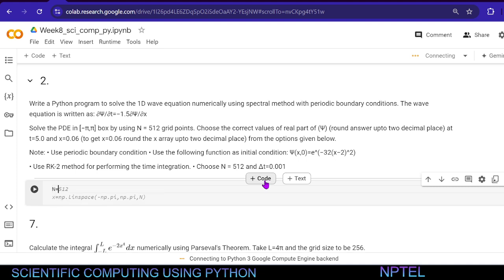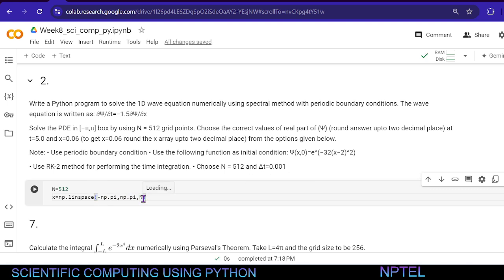N is 512, yes, and x is the x array, which is going to be minus pi to pi, right? With how many points? N points. But we don't want the last point, right? So it should be minus pi to pi minus something, such that the total number is N.